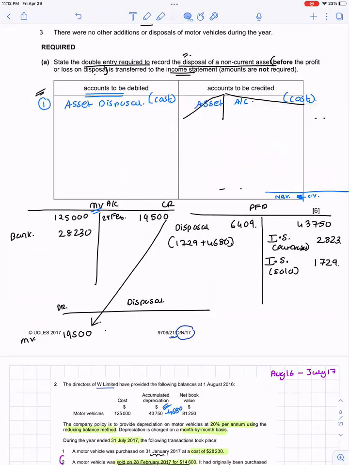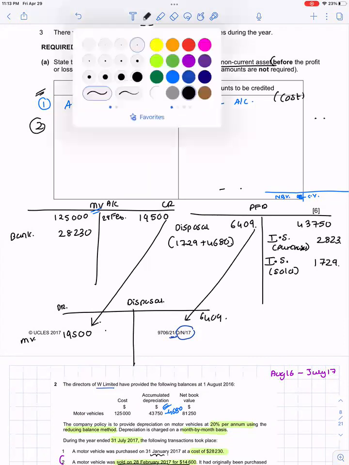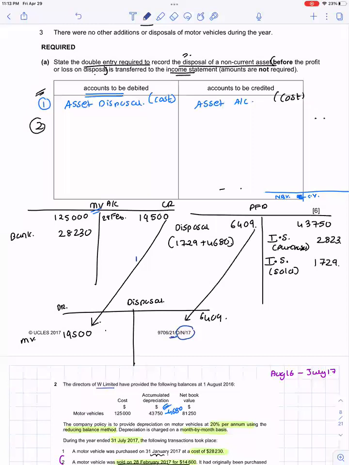So what would be the second entry for disposal? First I remove cost from costs. Then I will remove depreciation from depreciation. Which account have I debited? Provision for depreciation.